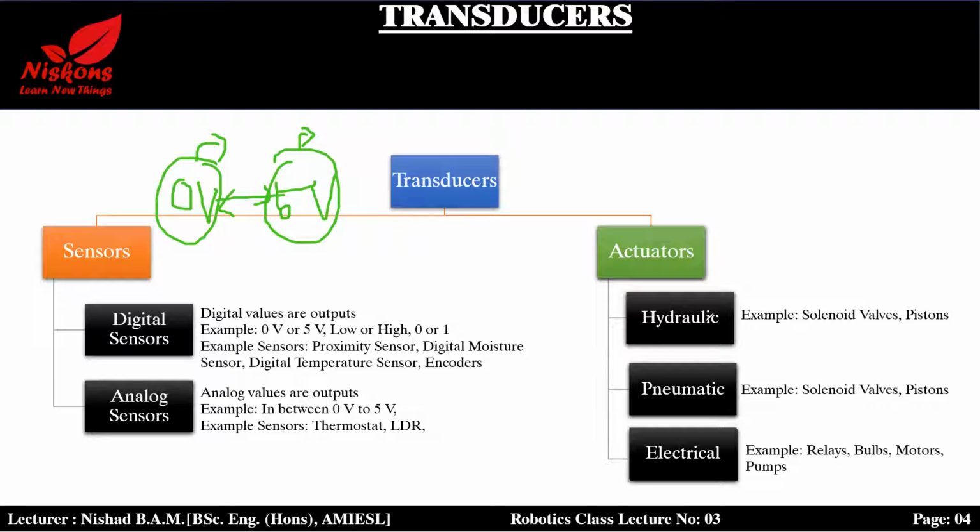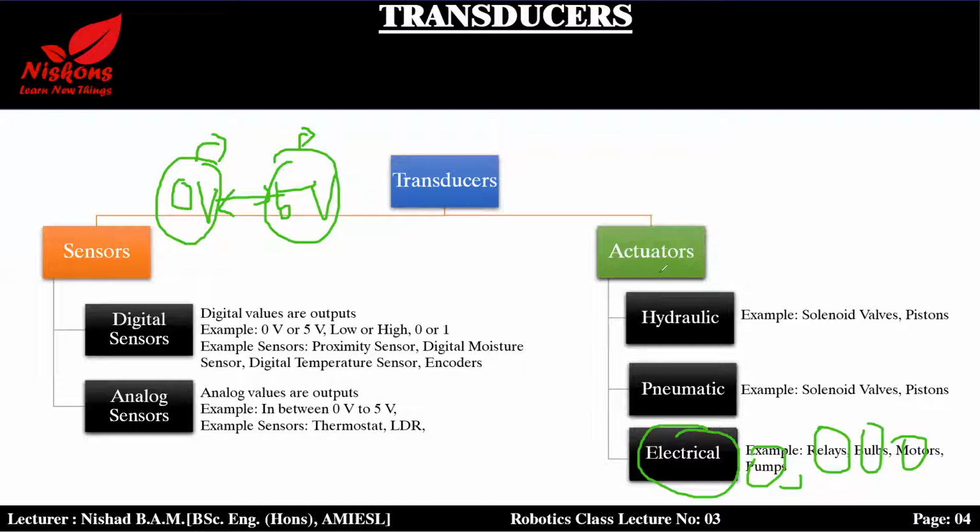So in machineries, we will not look after those things. What we are going to learn is electrical actuators only in our course. In electrical actuators, we can use relays, bulbs, motors, pumps, and also the buzzers, right? So that we call piezoelectric buzzers, etc.